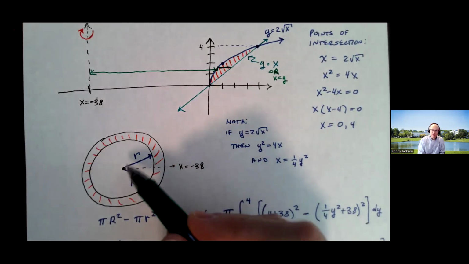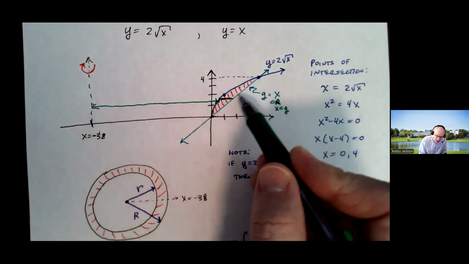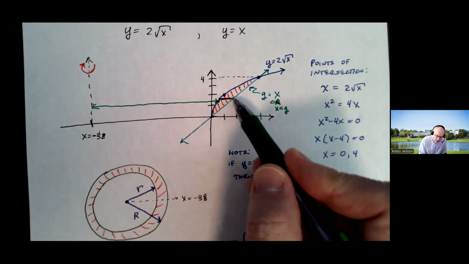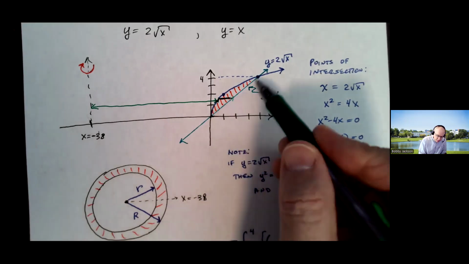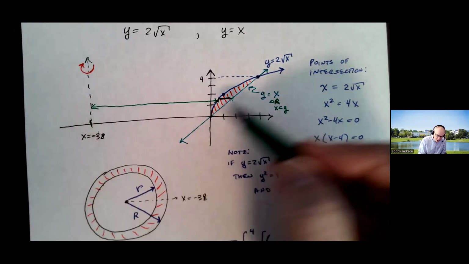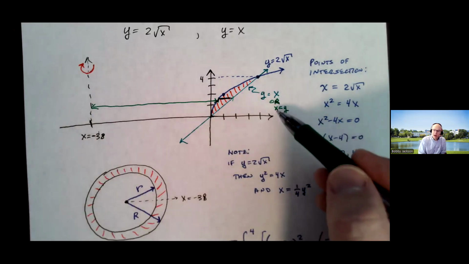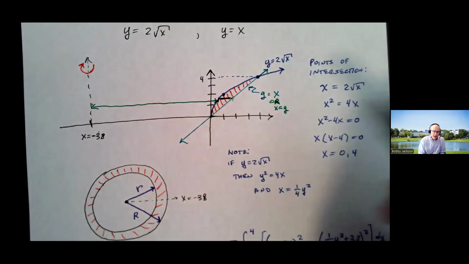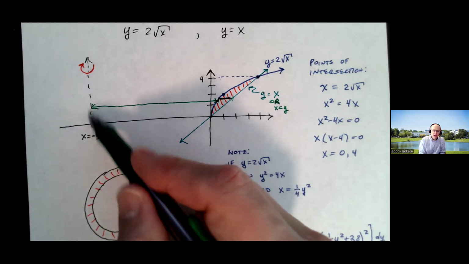The outer radius will be all the way from this axis of rotation to the linear function, to the right side of our rectangle. So what's the distance from this line all the way to here? What is the x coordinate here? Since y is equal to x, we have x is equal to y. So the x coordinate is just equal to y, and here the x coordinate is, of course, negative 38.